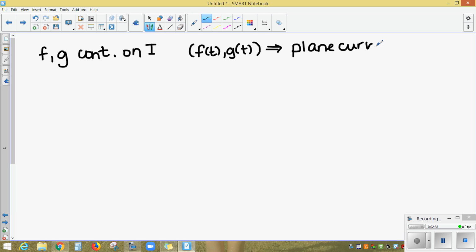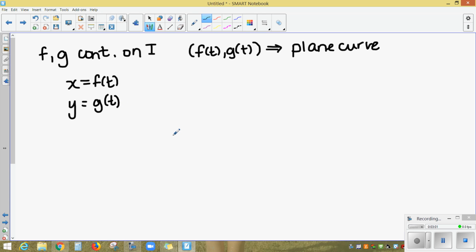Now, plane is spelled P-L-A-N-E, not like an airplane, but plane in that it falls in 2 dimensions, so it falls on my board, my computer screen, my whiteboard, my chalkboard, whatever. When we talk about parametric equations, we look at our x coordinate as a function of t, and our y coordinate as a function of t. t is the most common parameter.